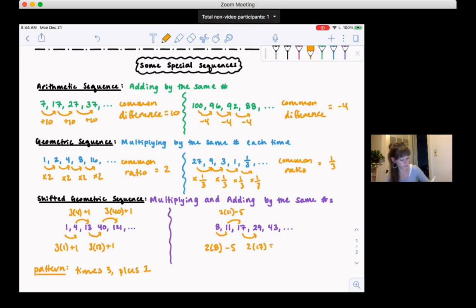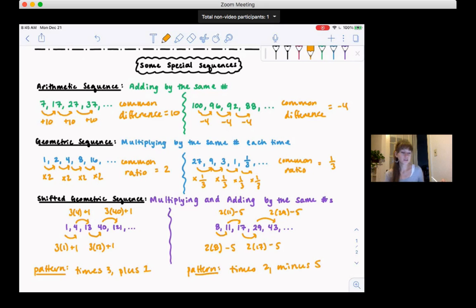Subtract 5 would give us 29. 29 to 43, so 2 times 29 would be 58, minus 5 gives us 53. So this time we're always multiplying by 2 and subtracting 5, or you could think of it as adding negative 5. So times 2 minus 5.